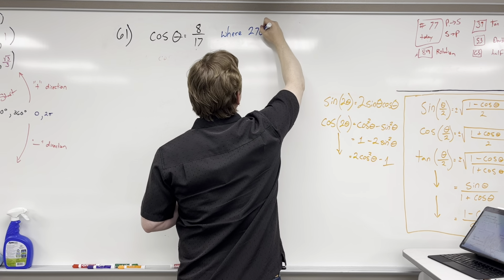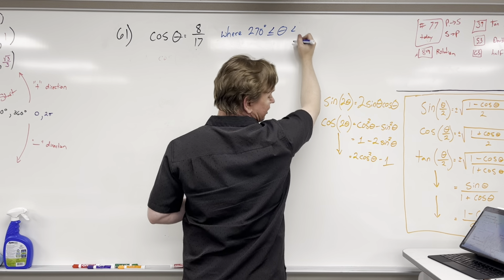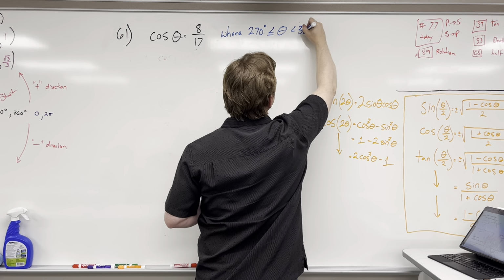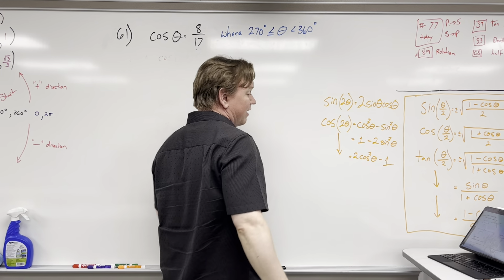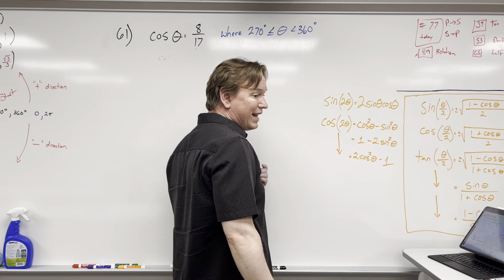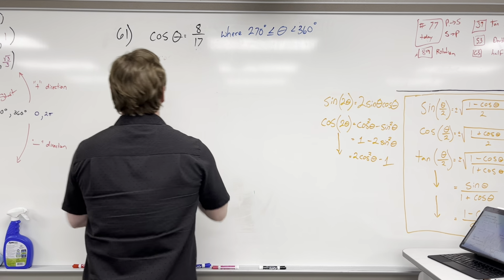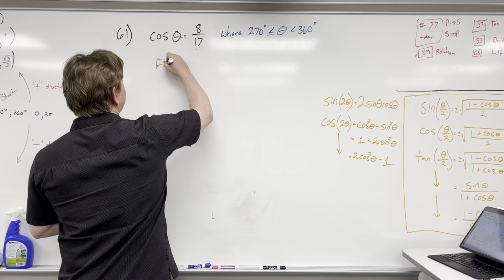So 270 degrees. It doesn't have the degree symbol; that was just because of the way the printer printed it. If it doesn't have the degree symbol, it's talking about radians, because you could have 270 radians, and that's different than 270 degrees.